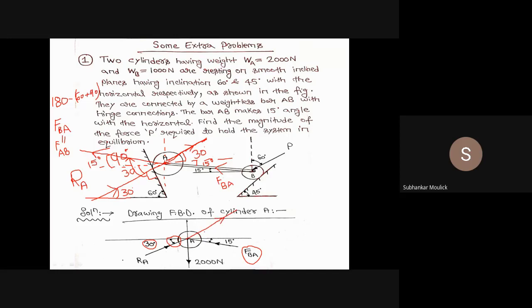If this is 30, this angle is also 30, and I can extend this FBA line in this direction. This is my FBA. If this angle is 15, then this angle is also 15 degree. Is it clear? Now my FBD of cylinder A is complete. Do you have any kind of doubt?